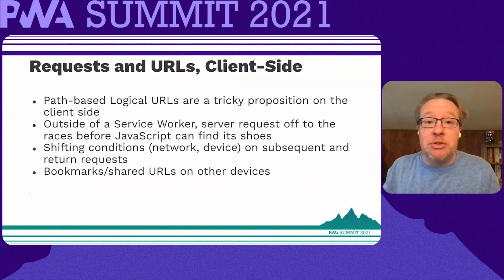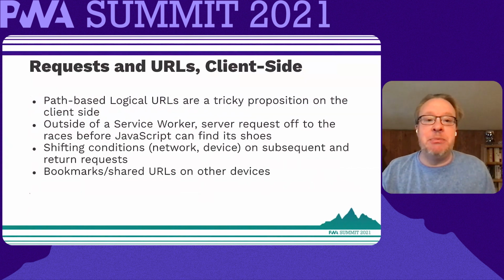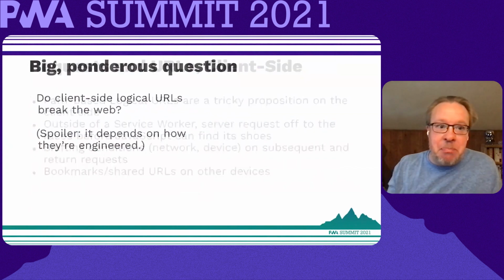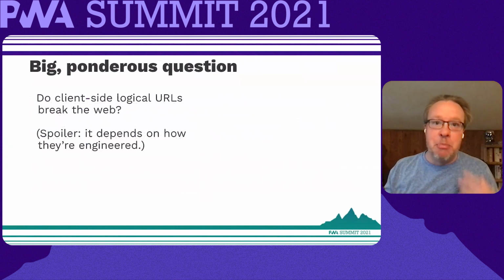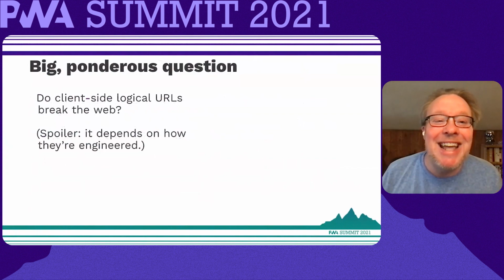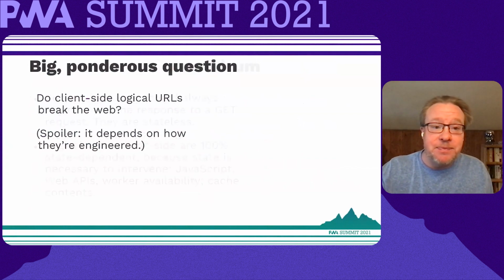So we want to make sure that these logical URLs also have a counterpart on the server, right? And that includes using bookmarks and sharing URLs to other devices as well. So our big ponderous question here is, do client-side logical URLs break the web? And the spoiler, of course, which I've pretty much given already, is that, yeah, they can, but it depends how we engineer these things.